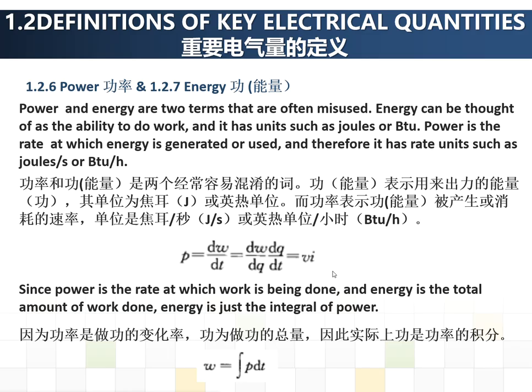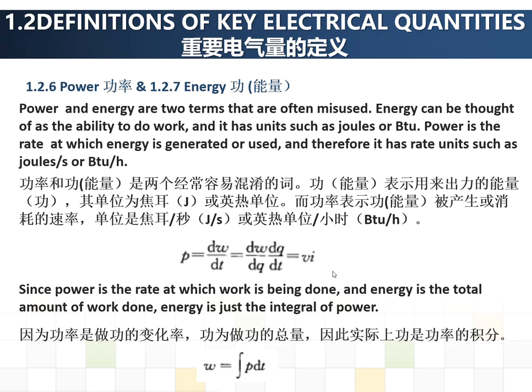Energy can be thought of as the ability to do work, and it has a unit such as joules or BTU. Power is the rate at which energy is generated or used, and therefore it has a rate unit such as joules per second or BTU per hour.